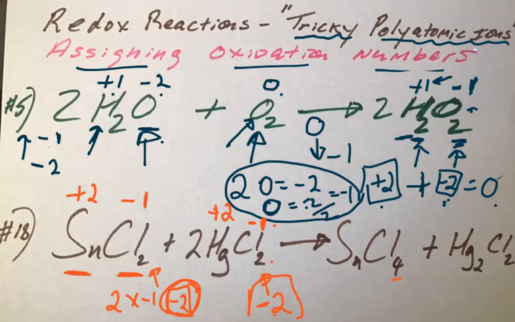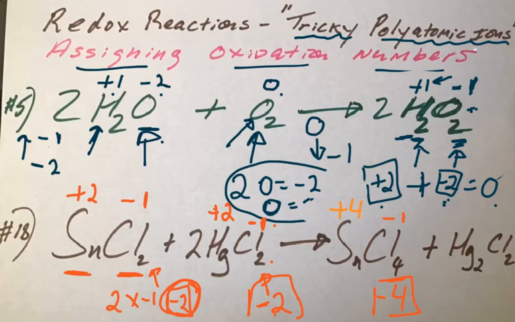Here we have 4 chlorines. So what's 4 times -1? It's -4. Now, what plus -4 gives you 0? +4. So +4 is our value for that Sn over there.